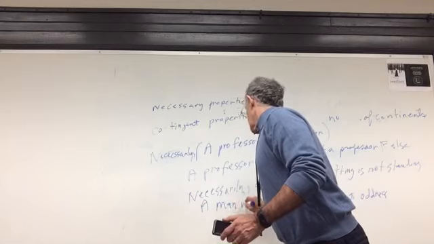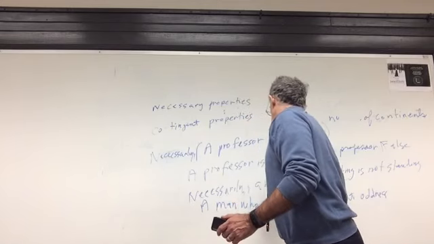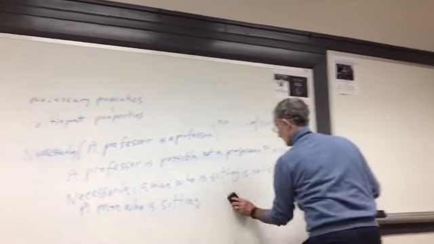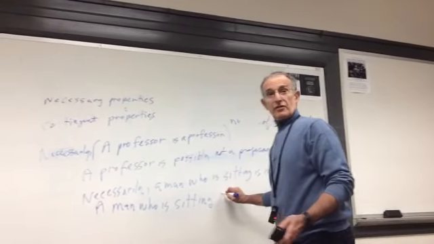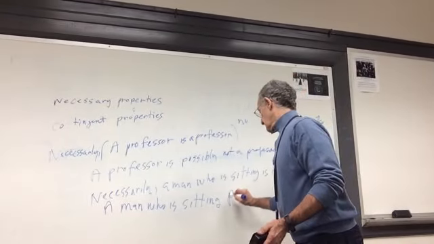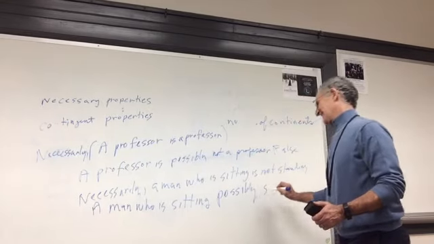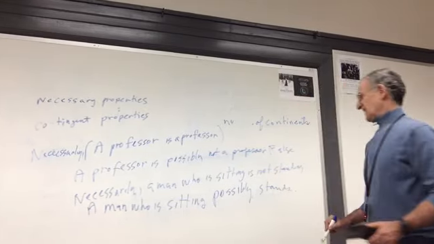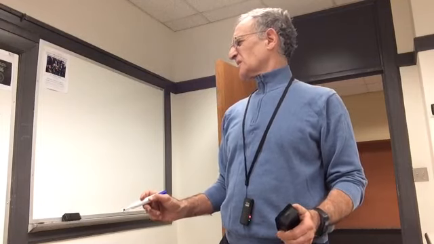A man who is sitting possibly stands, right? But how? He gets up. He has the potential to stand. Just because he's sitting doesn't mean he can't stand. Right, okay. Him sitting is not a necessary condition for him being a man, but him being a man means that he can stand or sit, right?